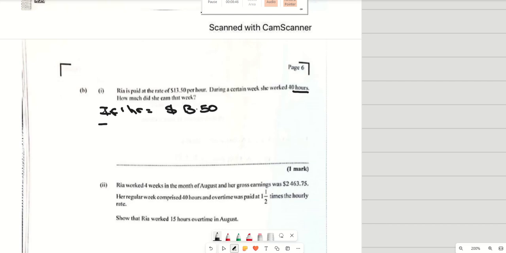So 40 hours is equal to 13.50 multiplied by 40. So she will earn $540 for a week. And that would be your answer for this first one.